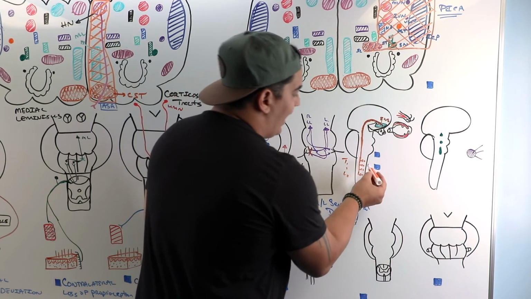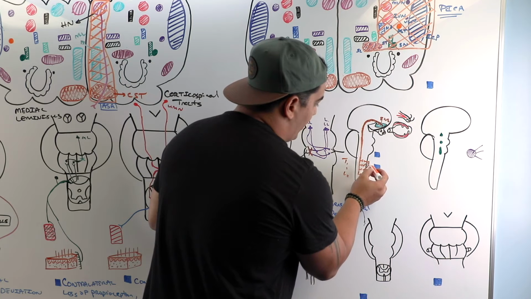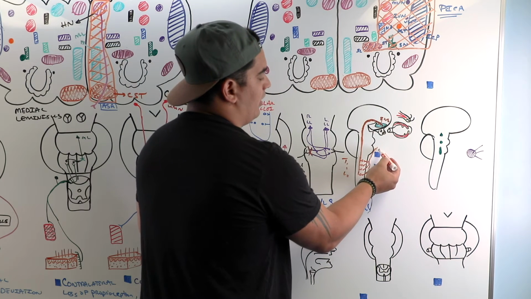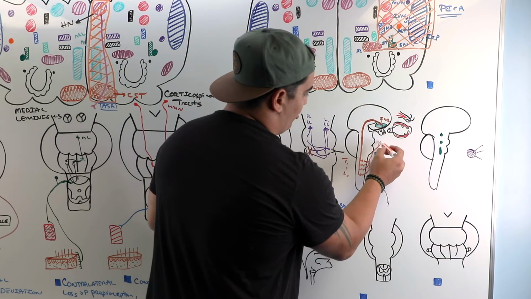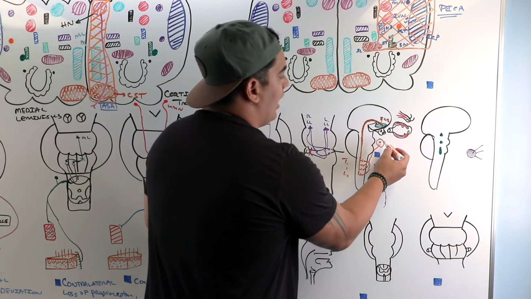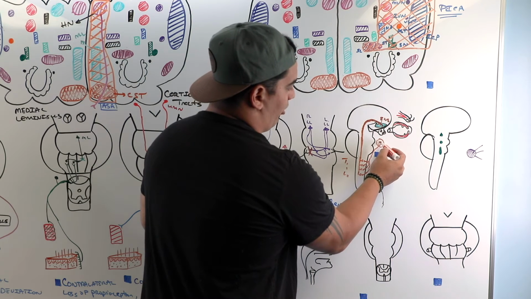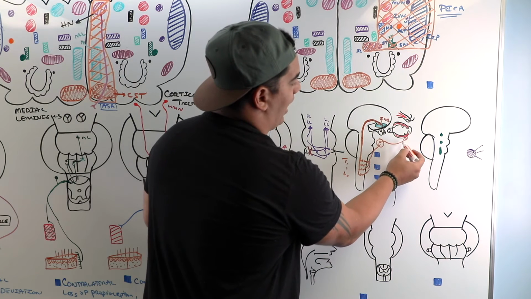And what happens is these preganglionic motor neurons will eventually move upwards through all the different ganglia within the neck, right? It eventually goes up to what's called your superior cervical ganglion. And the superior cervical ganglion will synapse on these guys. This is your postganglionic motor neurons. And they'll move out and supply parts of the eye.